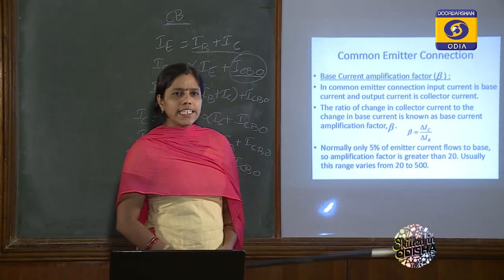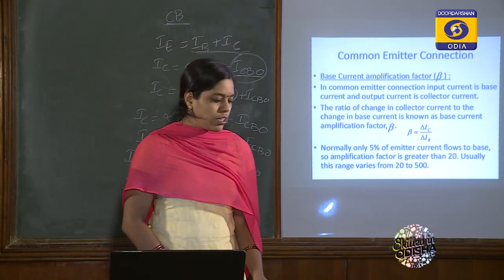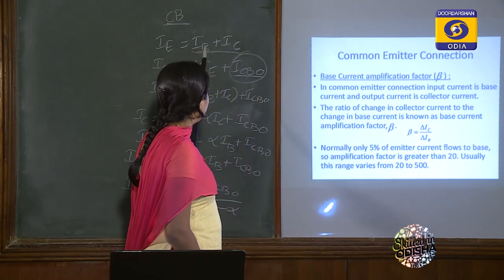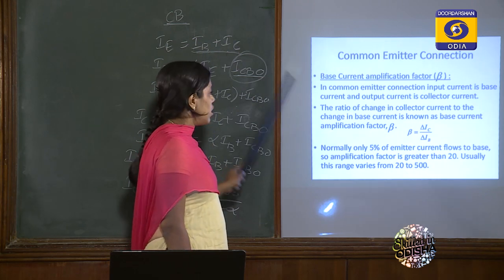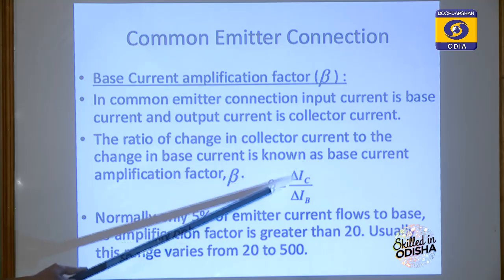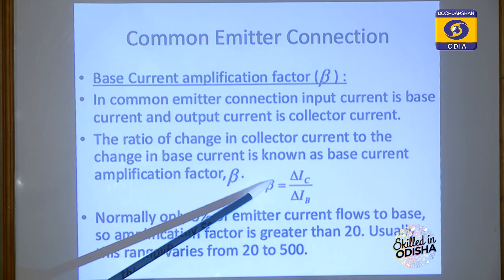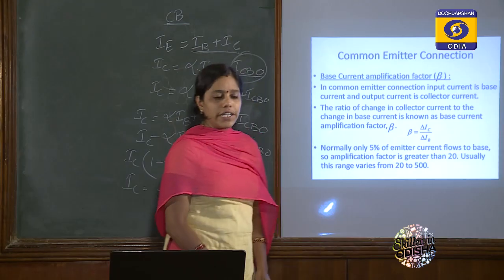Since base current is very less as compared to collector current, as we know from the previous, IE is equal to IB plus IC. Base current is very less as compared to emitter current and collector current. So here the upper part is larger and the lower part is smaller. So the value of beta is high, as according to this ratio. The value of beta is normally from 20 to 500.